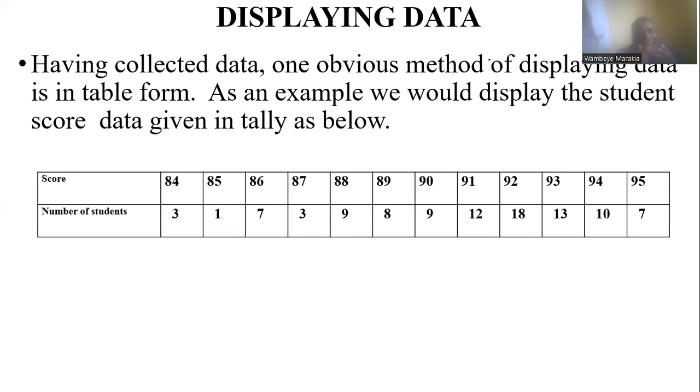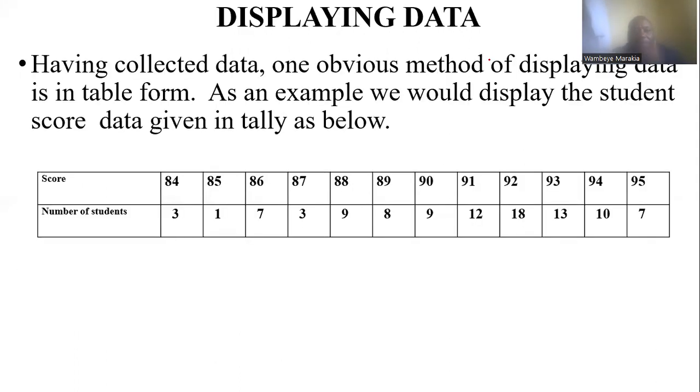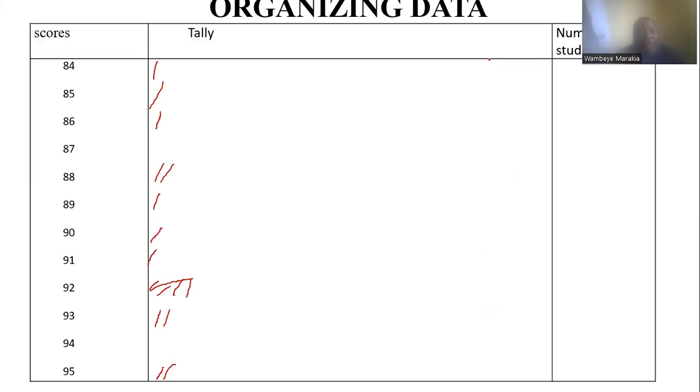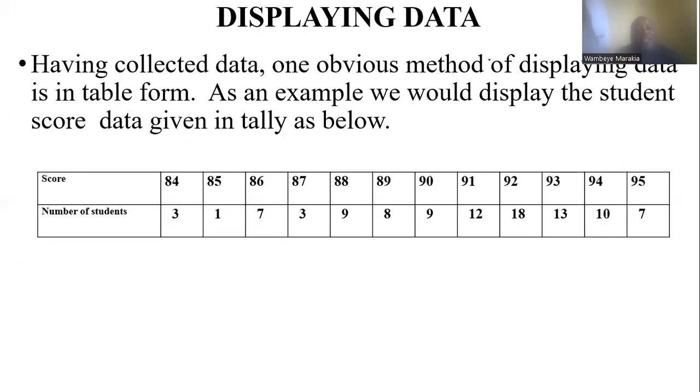So having the data itself, sometimes these values are too big. Like these values here, we have seen them. We might have so many values, and one of the disadvantages of this big data is that it might become so hard for somebody to express this data in a good way. But there is what we call grouping of the data.